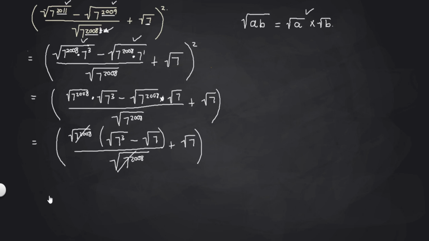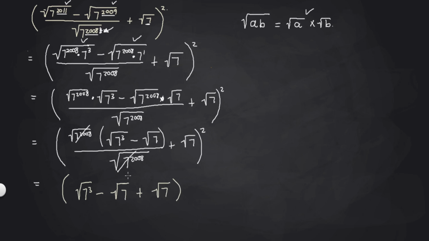This cancels that, and I keep on forgetting the square. Then continuing with this, we're going to end up with the square root of 7 raised to exponent 3 minus the square root of 7, plus the square root of 7.